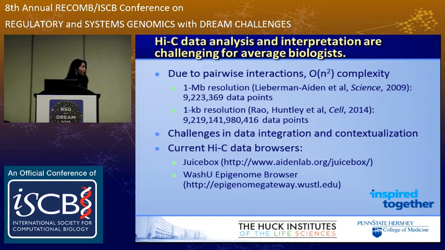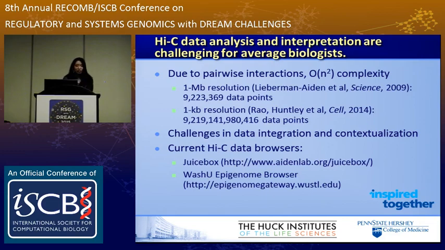These are just some hard numbers to make this problem concrete. With the advancement of Hi-C, when we increase the resolution of the matrix by 10 to the 3-fold, we increase the number of data points by 10 to the 6. As you can see, this poses a lot of challenges in storing, transferring, and analyzing the data.